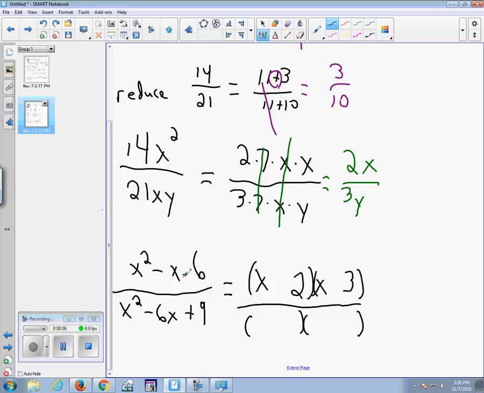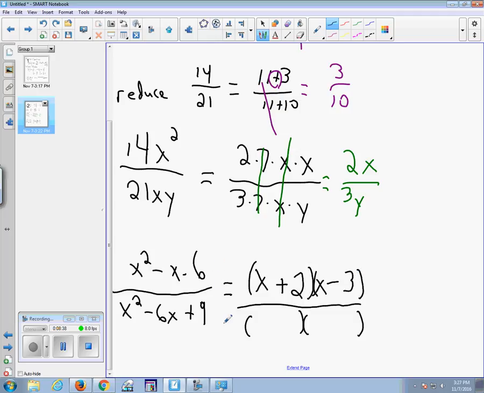To get a negative 6, they have to have different signs. So I could say minus 2 plus 3. 3x minus 2x is 1x. I want negative 1. So it's got to be plus 2 and minus 3. That gives us 2x minus 3x is negative 1x. Boom. 2 times negative 3, negative 6.